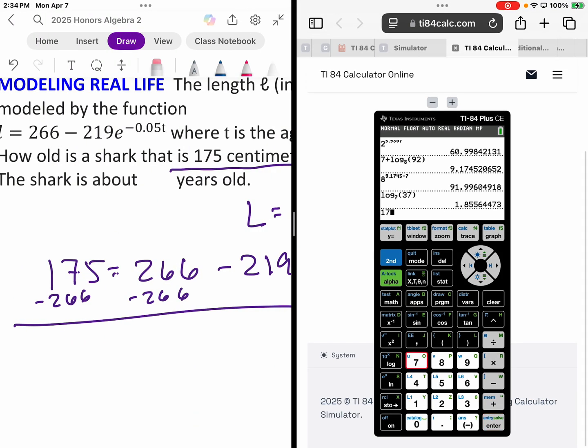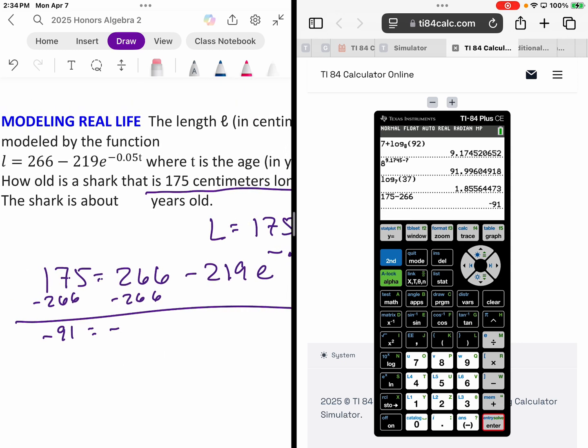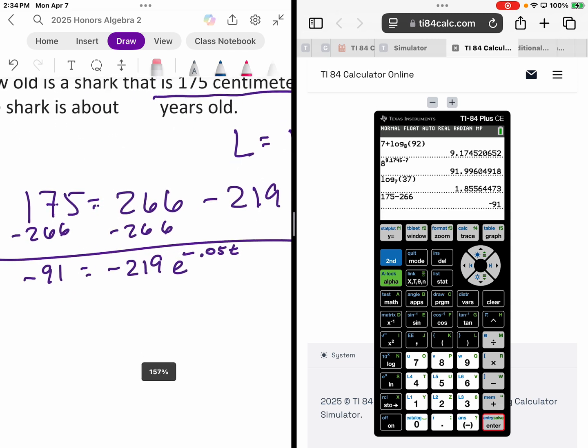So 175 minus 266 is negative 91. Now, don't drop the signs. It makes a big deal in these things if we drop a sign, so we got to be very careful. Now, is the e isolated where the exponent of t is? No, so I need to divide off the negative 219.